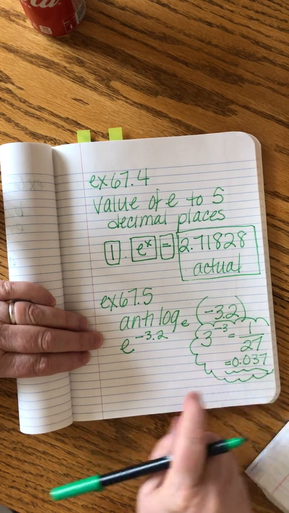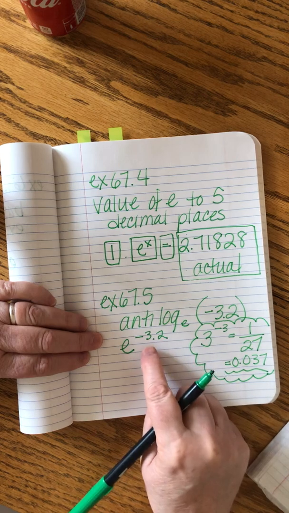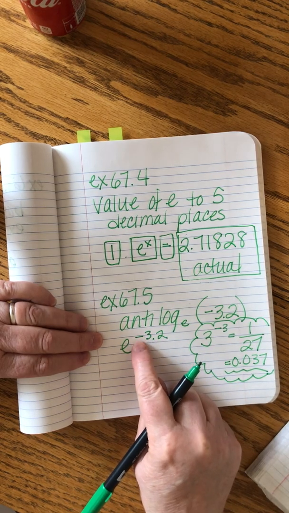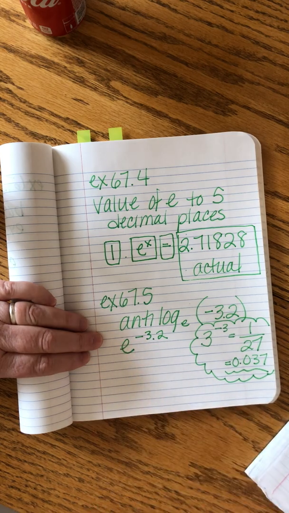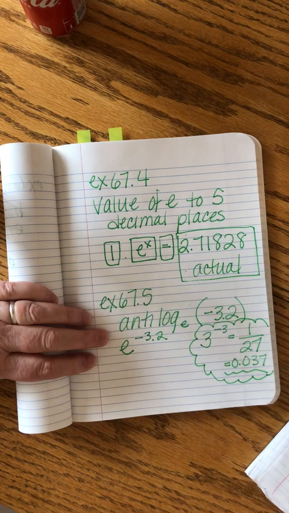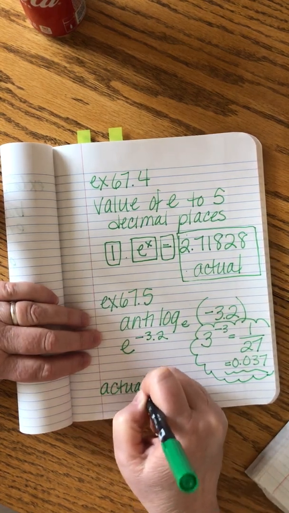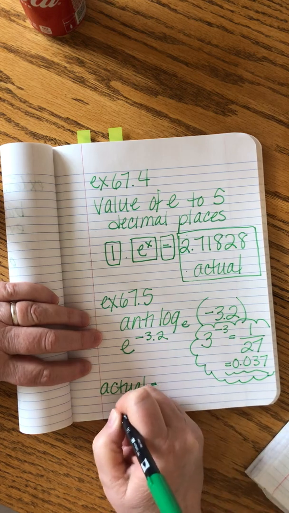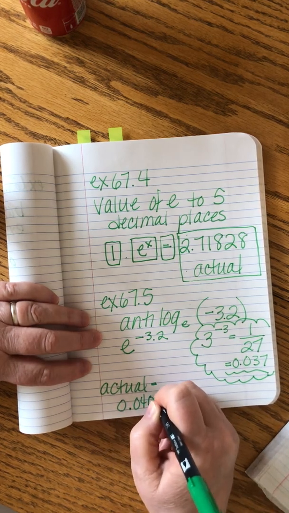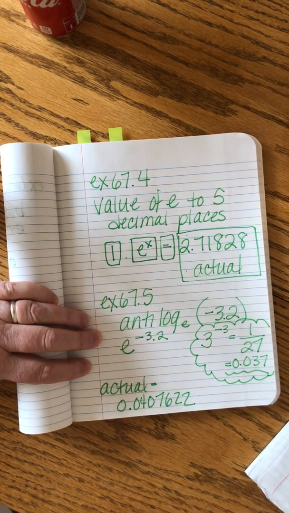That's my estimate. Now, to do the actual, I just enter 3.2, hit that plus minus button to reverse the sign, then use e to the x. And what you'll get is an actual value of 0.040762, which is as far as my calculator takes it.